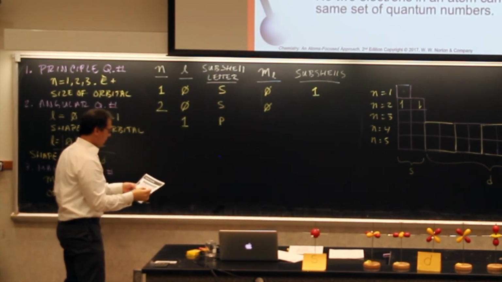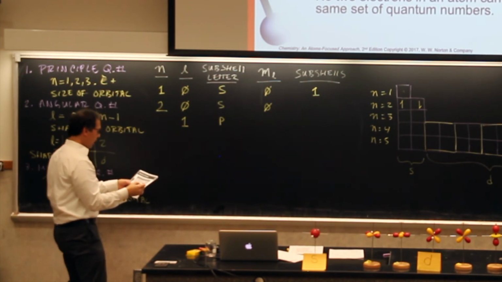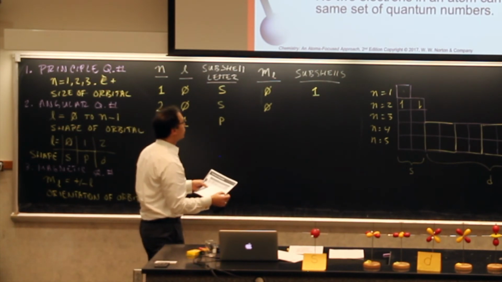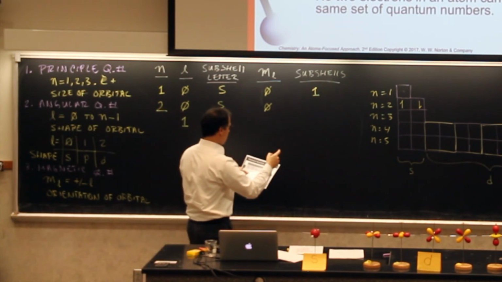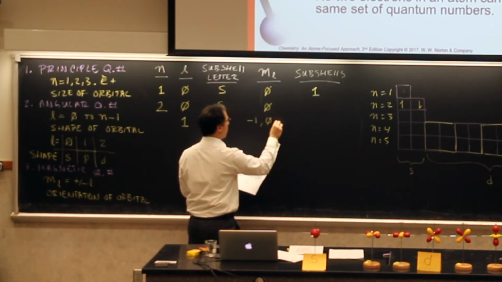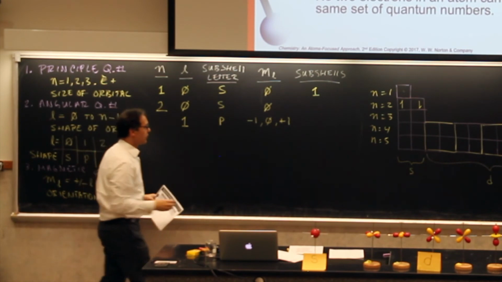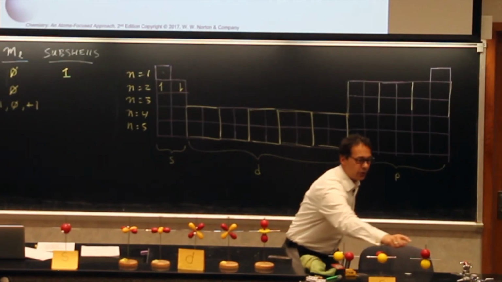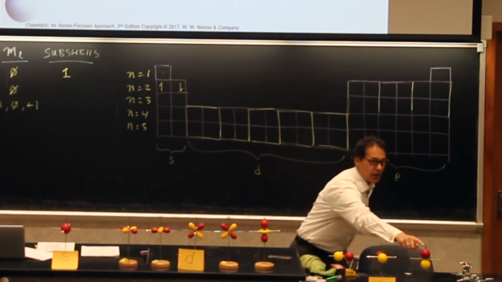And then for our P orbital, P is going to be plus or minus 1. So that's going to be minus 1, 0, or plus 1. 3 different orientations for our P orbital. 1, 2, 3. Negative 1, 0, positive 1.